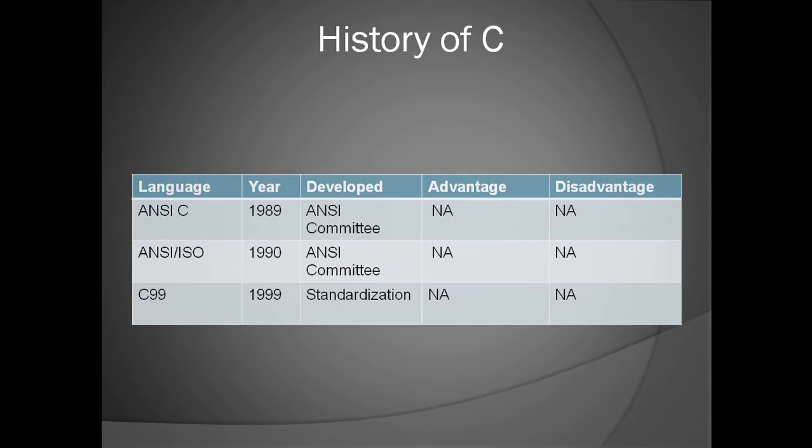When you see all the history and when it was standardized, why in 1999? There is something called ANSI and ISO. These are very big standardization committees, guys. Please make a note of these two organizations because ANSI stands for American National Standards Institute.